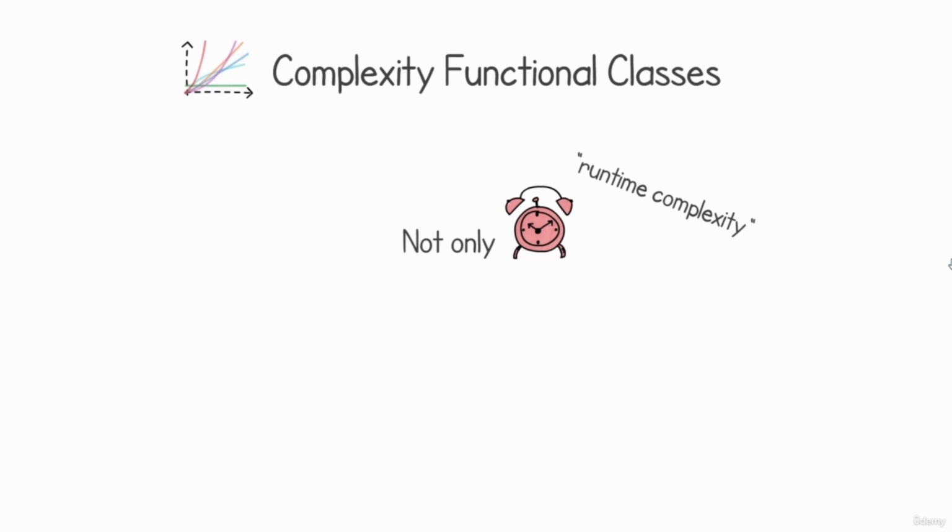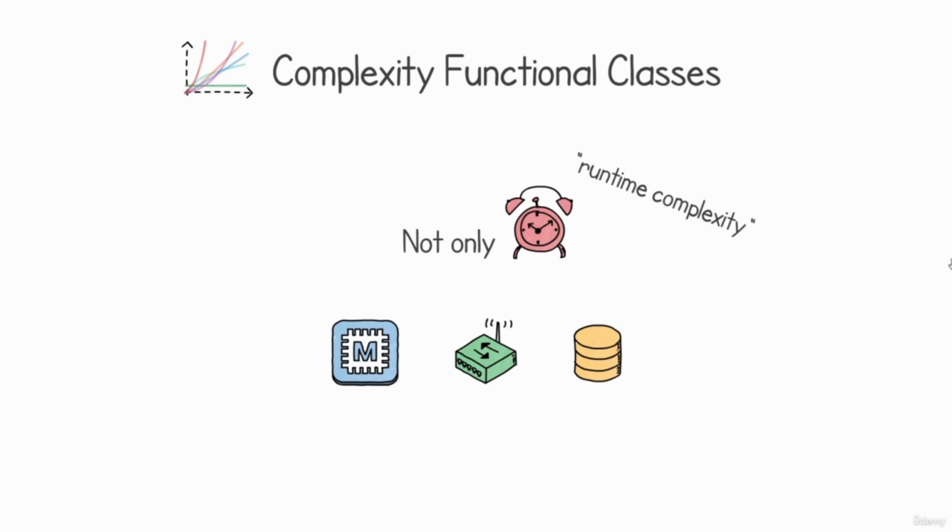But sometimes we use these complexity functional classes to also measure things like memory, network usage, disk usage, and so on. For example, we can say that an algorithm has a constant runtime complexity, however, it's using a linear amount of memory. In this course, we will mainly focus around runtime complexities, and we will discuss and show examples of the main functional classes.